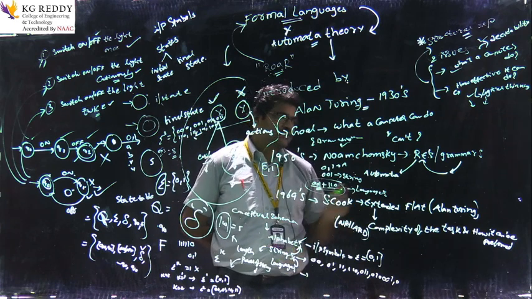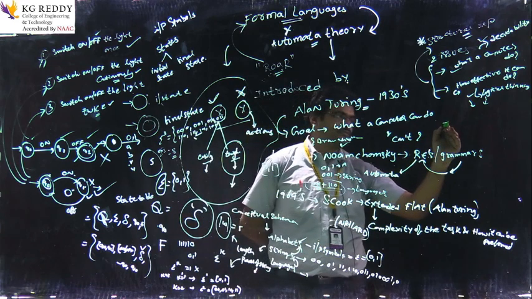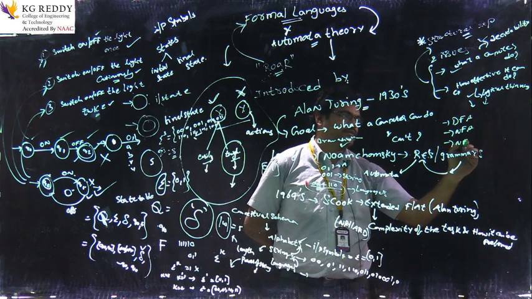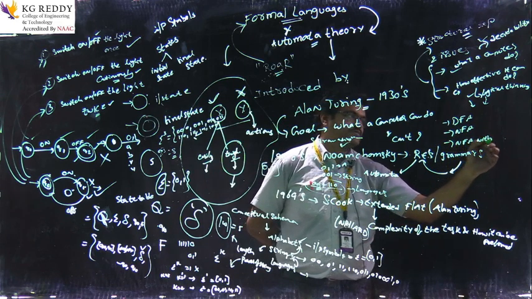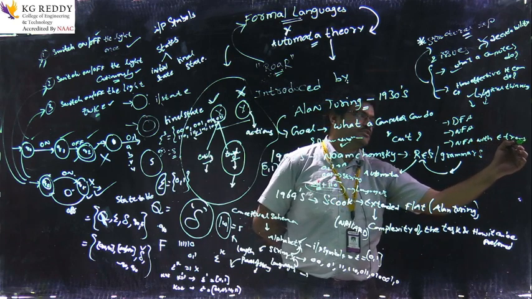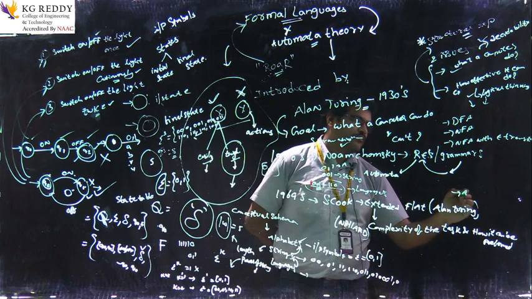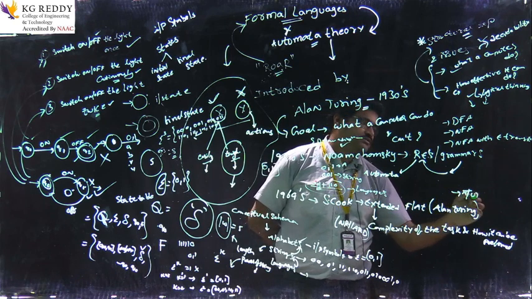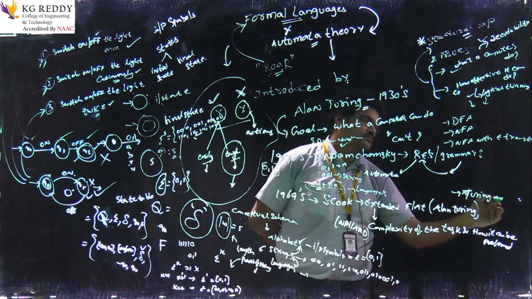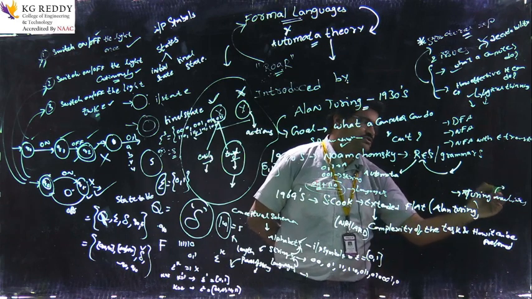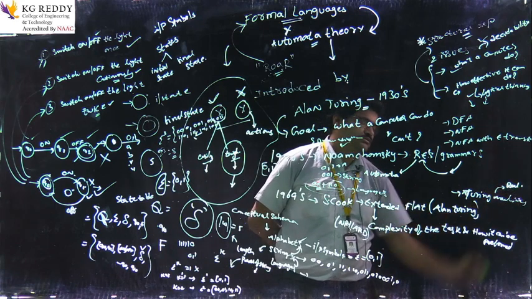In this subject we will have deterministic finite automata, non-deterministic finite automata, with epsilon transitions, so different types will be available. And finally, we will have Turing machines, which we use in real-time environments nowadays.